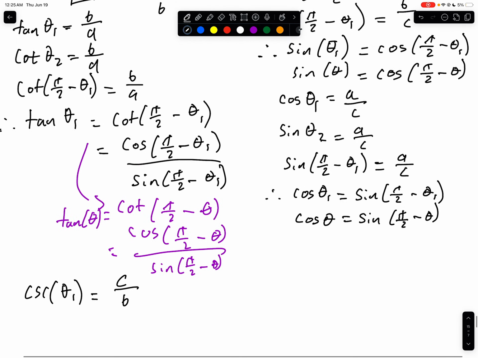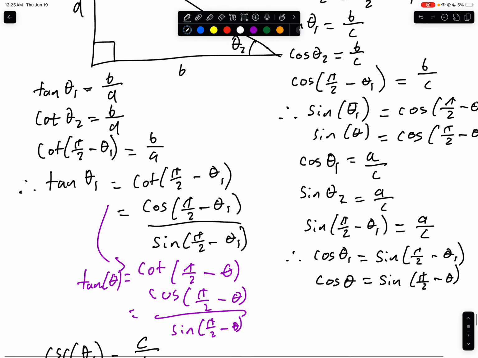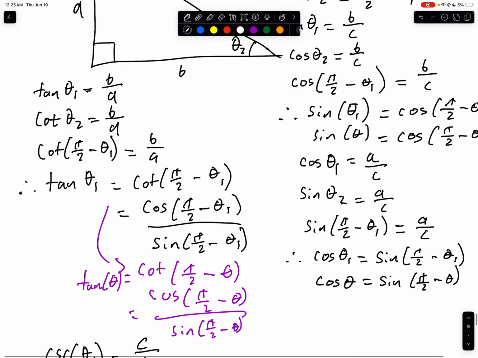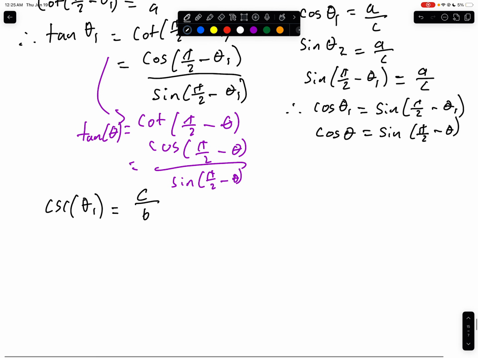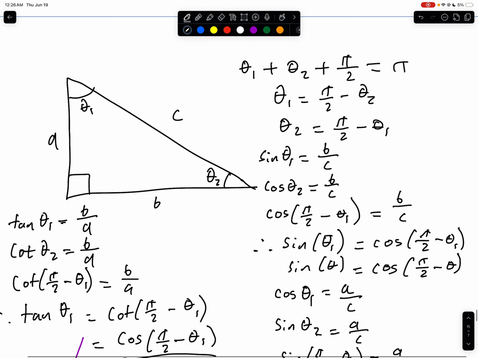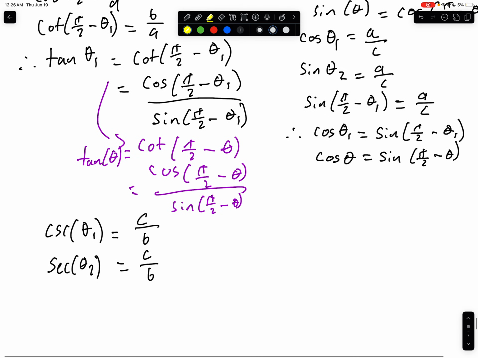And then just thinking about what we had here, of course, secant of theta 2 also equals C over B. And remember, theta 2 is just, and I'm going to highlight these here, these are pretty important to know, theta 2 is just pi over 2 minus theta 1.